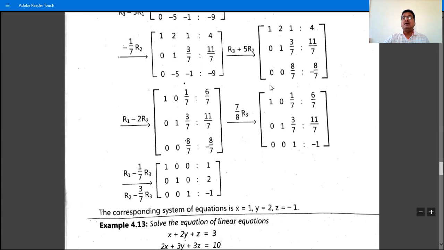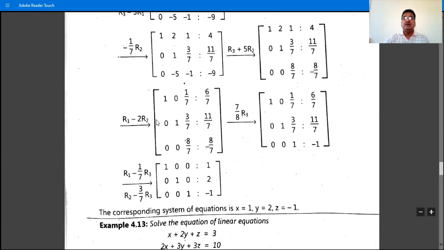So this column contains a leading one. This column contains a leading one. Now we have to reduce this 2 also to 0, because the second column contains a leading one. So in order to reduce this minus 2 to 0, the operation is R1 minus 2R2. By using this, we reduce the element below 1 to 0, and the element above 1 to 0.